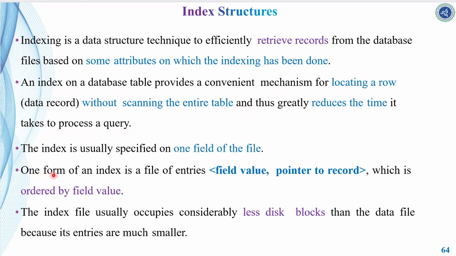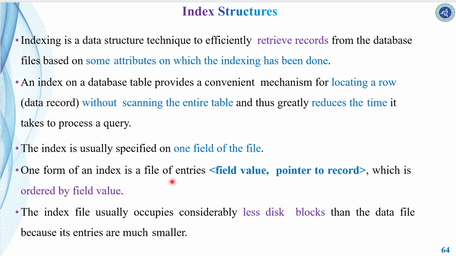One format for an index file is that entries should be in the form of a field value, that is an attribute value, and a pointer that points to that particular record, ordered by the field value.